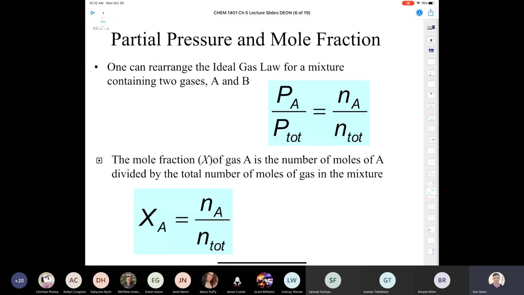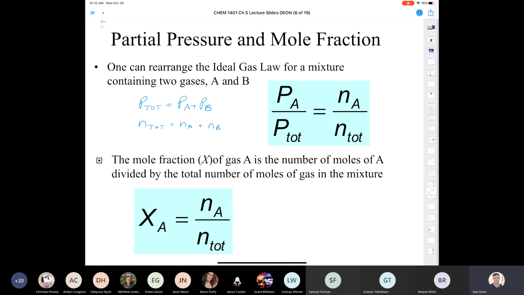Okay, maybe I should write that down here. So P total would be equal to the pressure of A plus the pressure of B. That is equal to the number of moles of A divided by the total number of moles. So N total is equal to the number of moles of A plus the number of moles of B, like that.